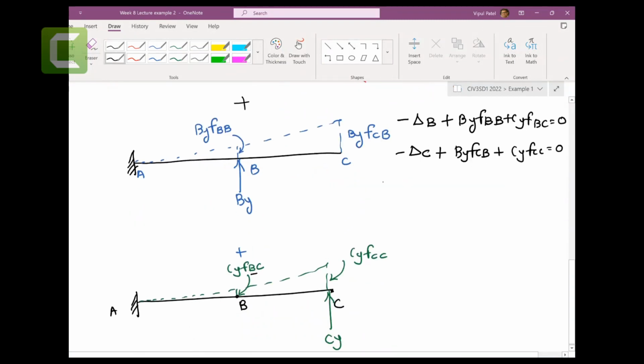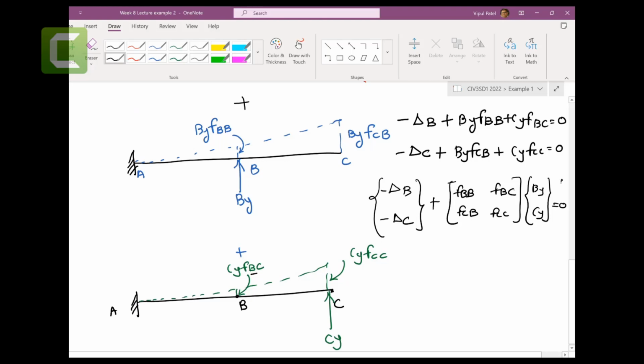You can put it in matrix format: delta B, delta C, minus, plus the matrix FBB, FBC, FCB, FCC times BY, CY equal to 0. Right? I hope you understand that.